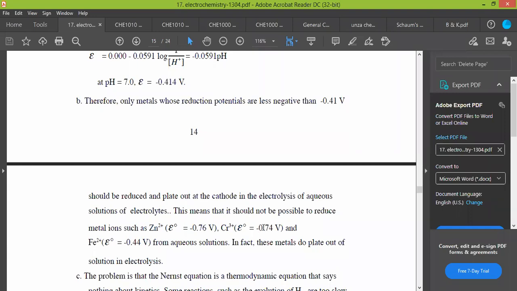So if you check negative 0.74, and if you check negative 0.76, these are the two metals that you have, and this is the potential for water. So they are saying, therefore, only metals whose reduction potentials are less than the reduction potential of this one are the ones that will be reduced and plate out at the cathode in the electrolysis of aqueous solutions of electrolyte.